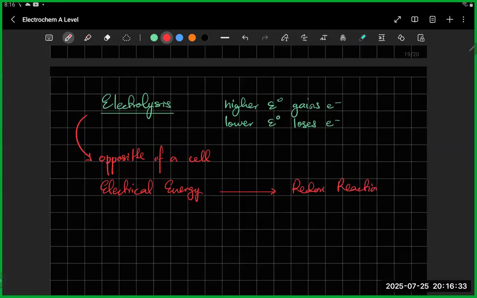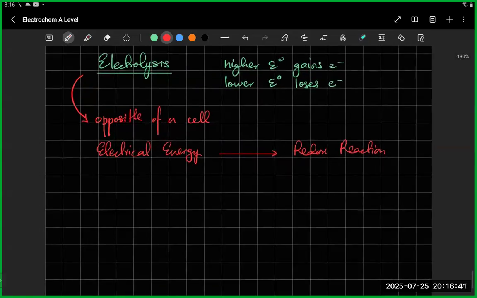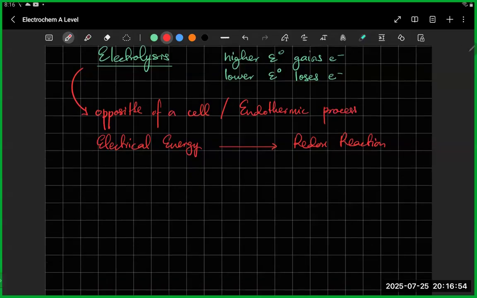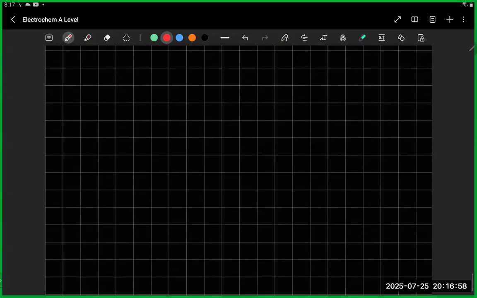And it leads to a redox reaction. It forces some of the species to gain electrons, and it forces other species to lose electrons. But the energy is coming from outside. So it's an endothermic process. It doesn't produce electrical energy, it's actually consuming energy.